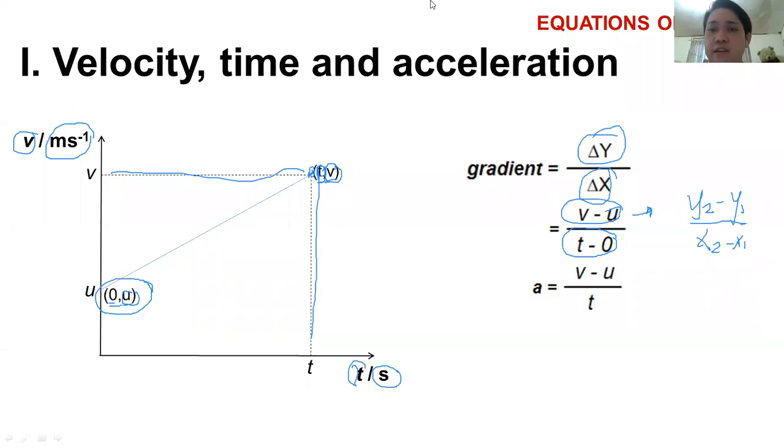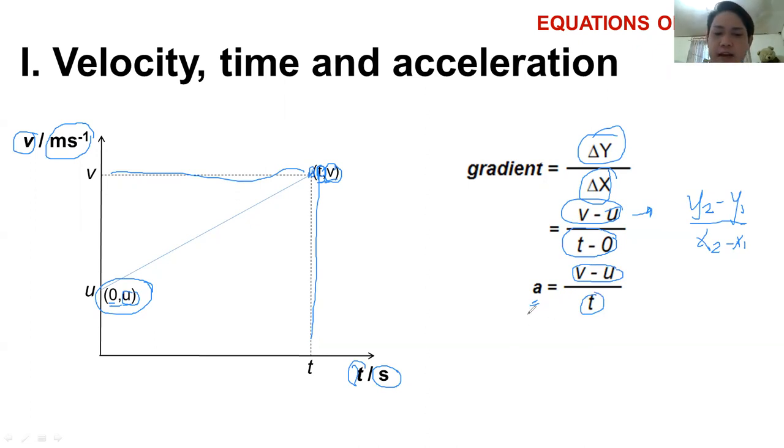Then next, to simplify or to solve it, we can have a, the average acceleration, equal to v minus u all over time.